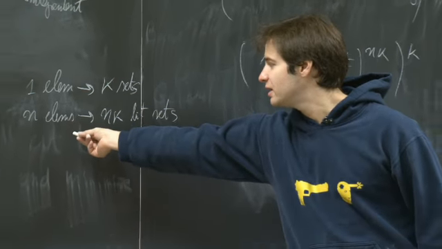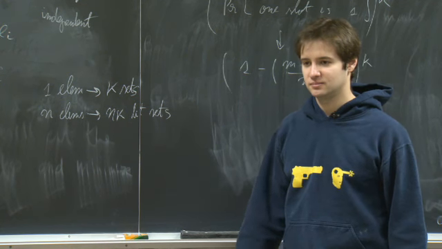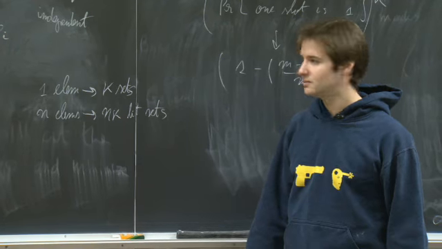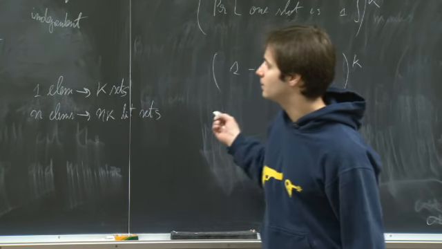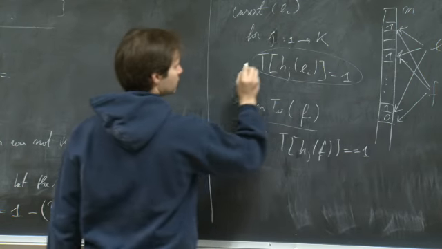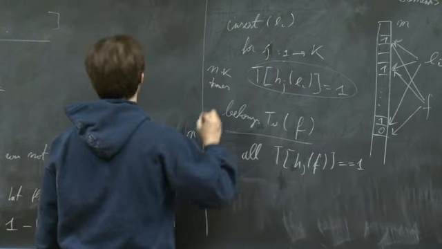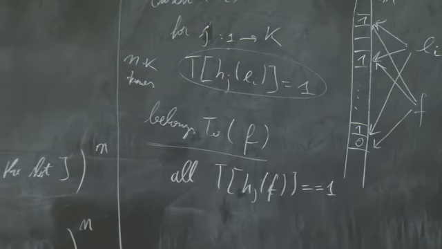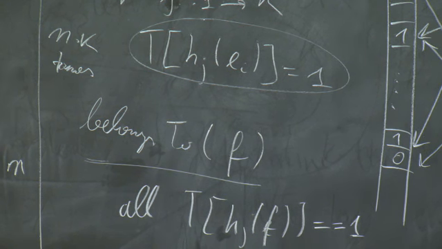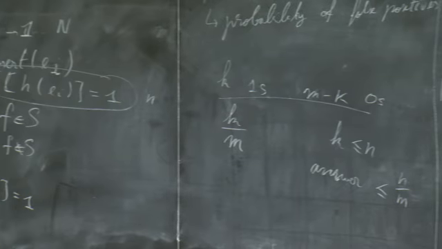So if you have n elements, altogether they set n times k bits. So this thing gets run n times k times, whereas here, the set operation gets run n times in total. That's the difference between the two problems.